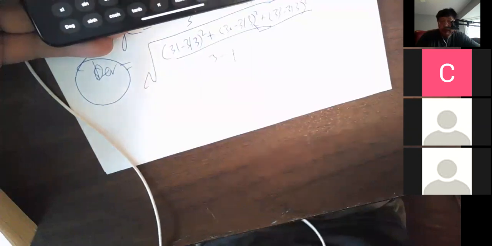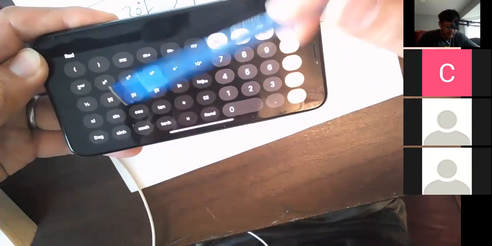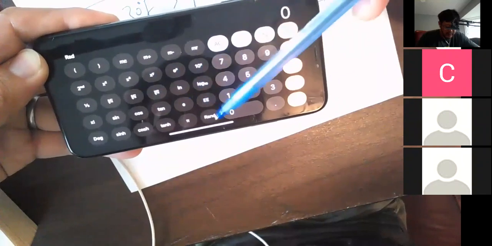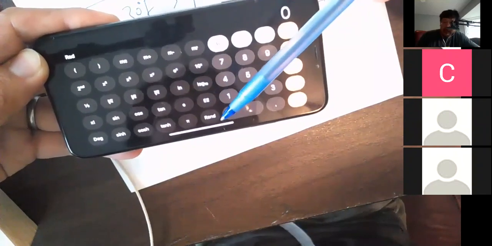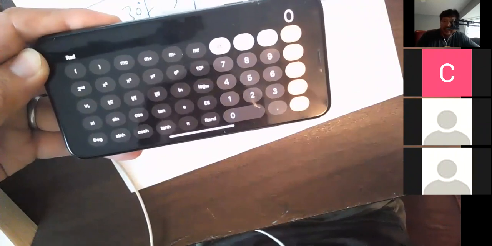Mine does not have standard deviation. The calculator that came with my cell phone does not have a standard deviation button. Some calculators, called statistic calculators, have a built-in function to find the standard deviation.